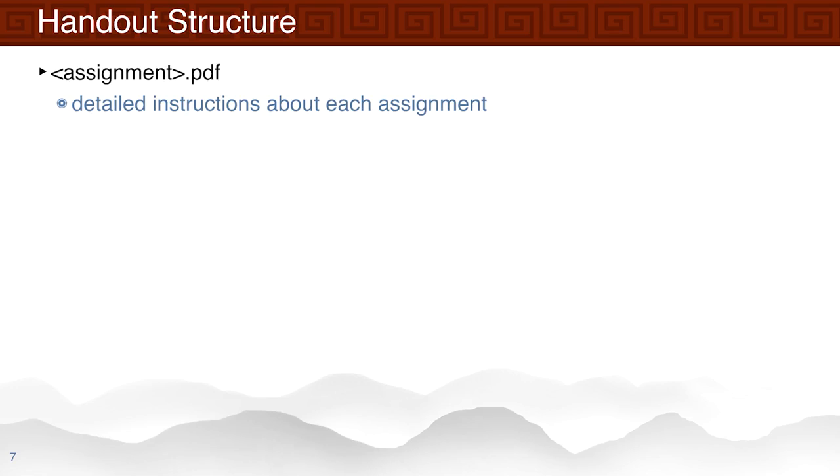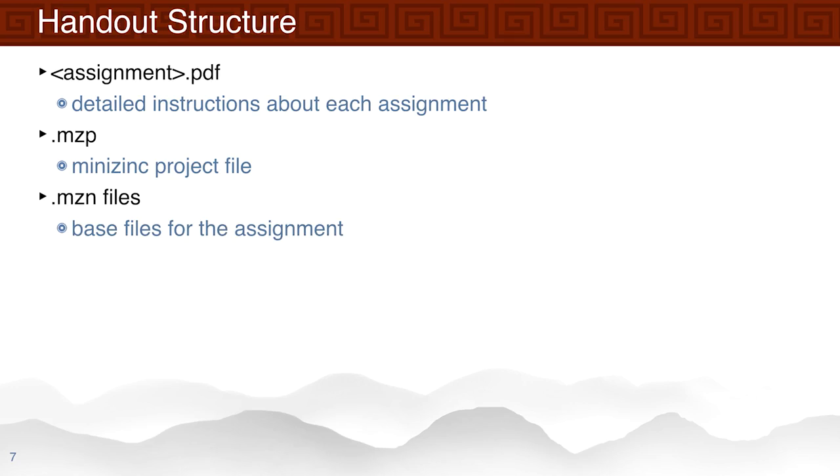So inside the zip file, this structure is always the same. There's an assignment PDF, which has detailed instructions about the assignment. Then there's a Minisync project file, and this is what you should open to start the whole process of doing the assignment on the IDE. There'll be various Minisync files, which will be basic starting points for the assignment. They may be empty.